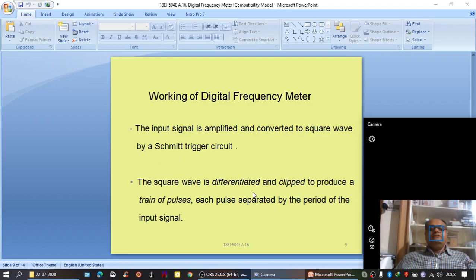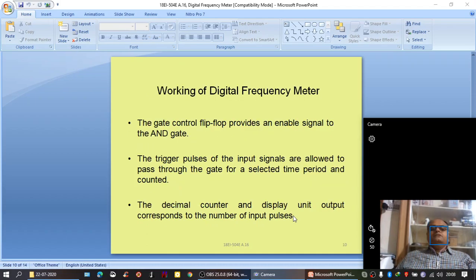The square wave is differentiated and clipped to produce a train of pulses, each pulse separated by the period of the input signal. The gate control flip-flop provides an enable signal to the AND gate.